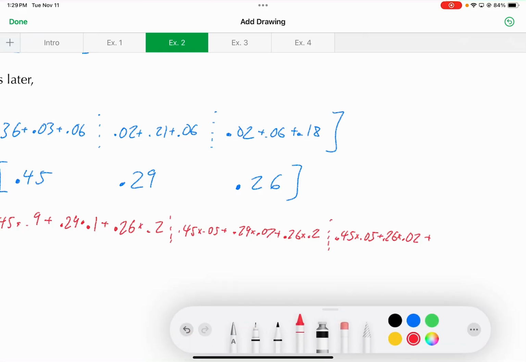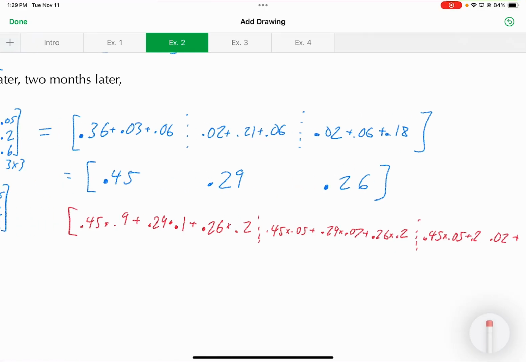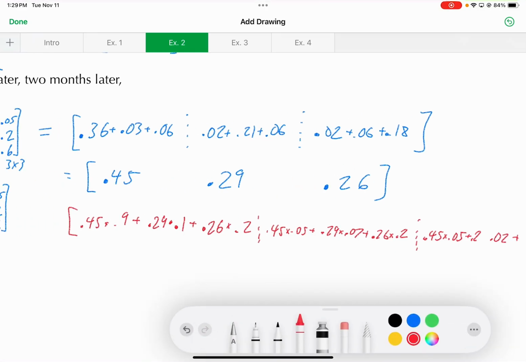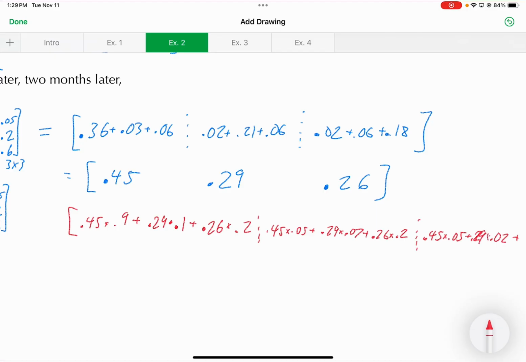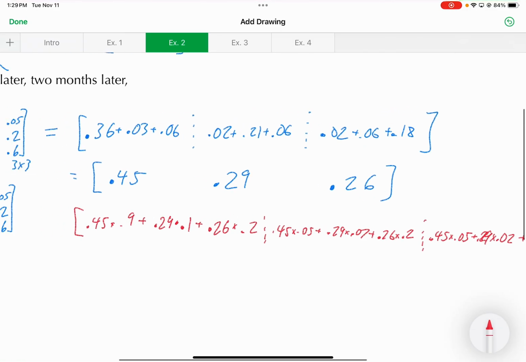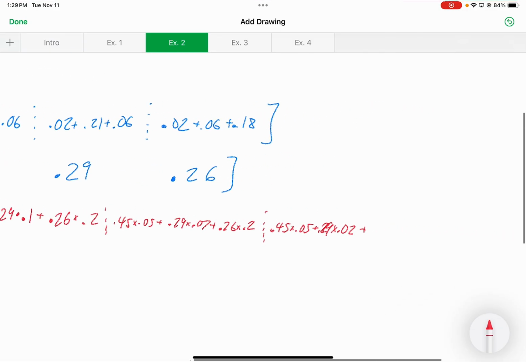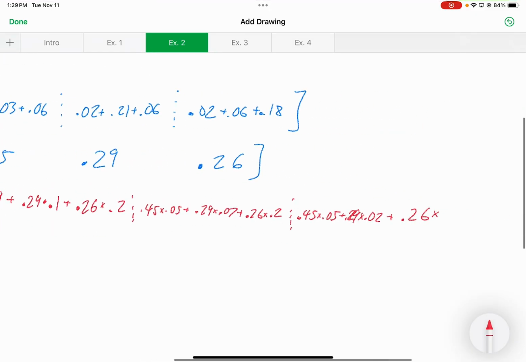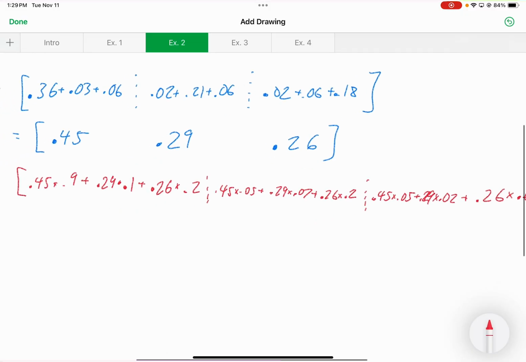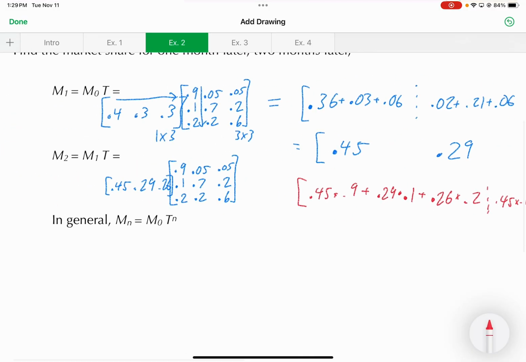Not 0.26. Sorry. And then the last one's 0.26 times 0.6. I don't know, you guys just want me to tell you what the solution is there? Yes. Fine, all right.